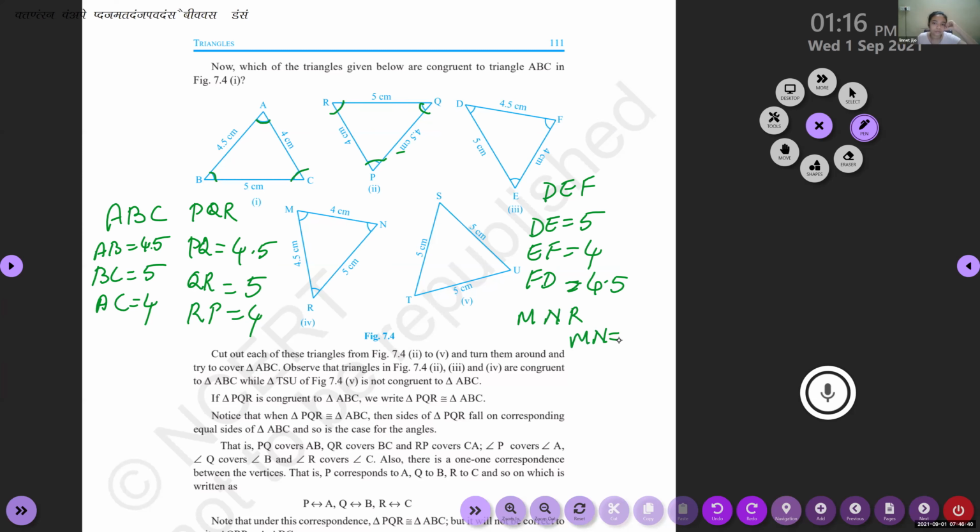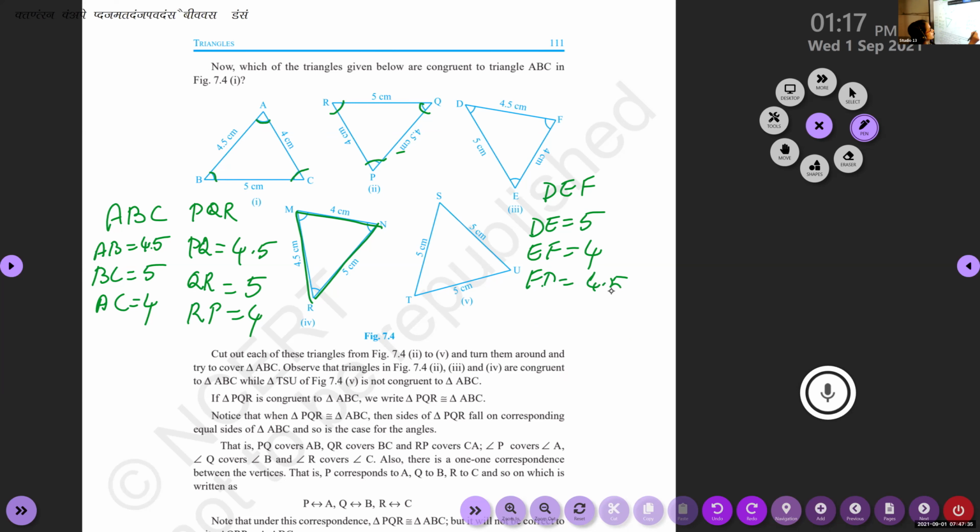MN is 4, NR is 5, and MR is 4.5. So instead of MNR, we can write NRM. Consider the triangle, the order we can change. Triangle NRM. Now NR is 5, RM is 4.5, so we will write NMR.